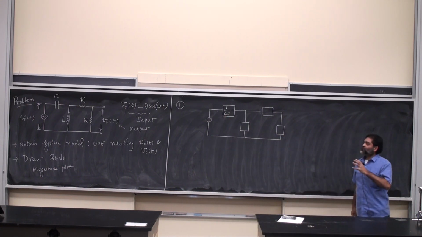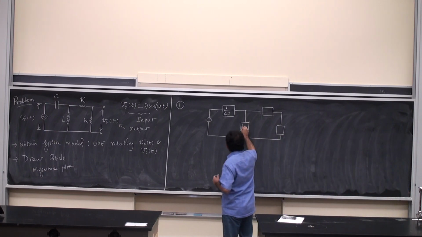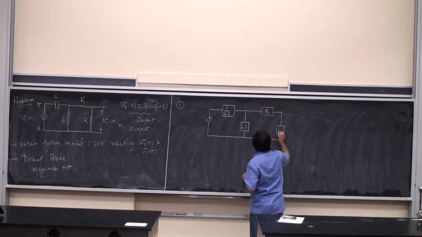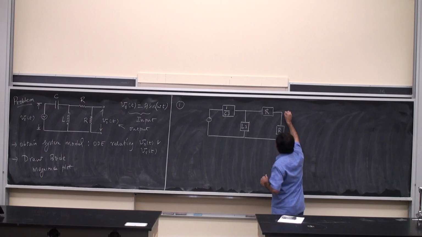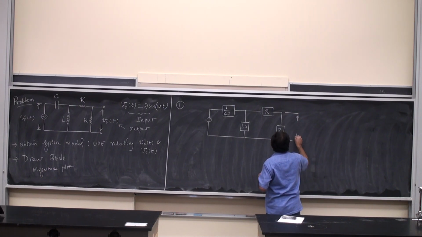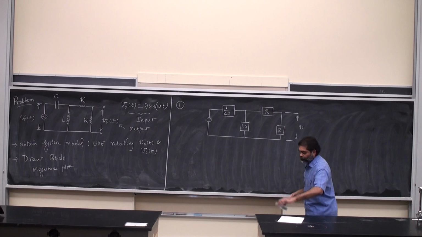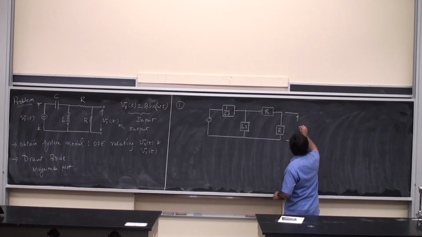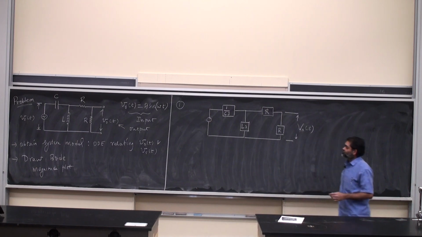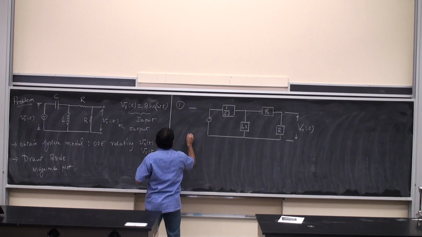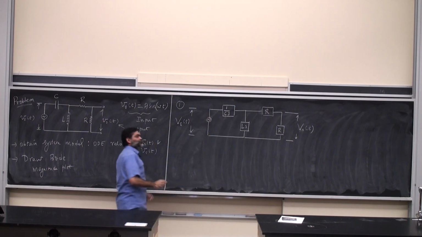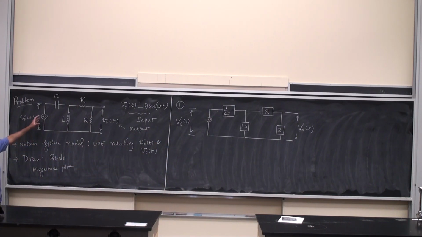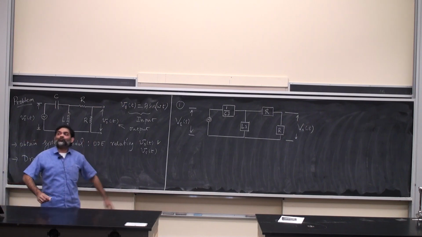Then I have the impedance of the inductor, which is Ls, and then R and R. My output voltage is now V0 of S in the Laplace domain, and the input voltage is obviously Vs of S. The small squiggle inside the voltage source symbol implies that this is a sinusoidal voltage source.